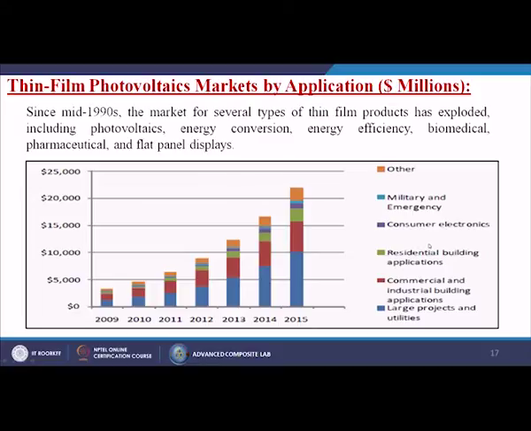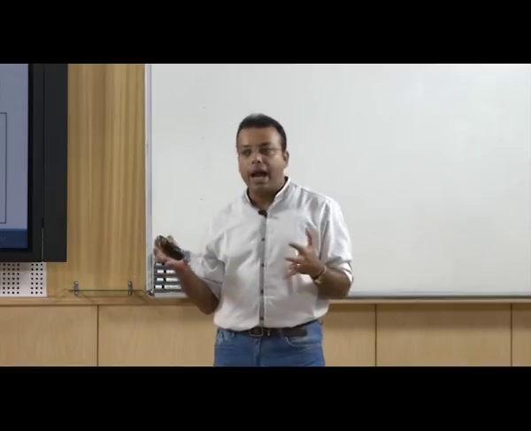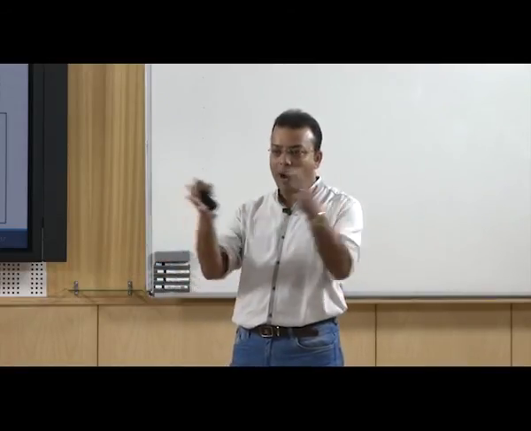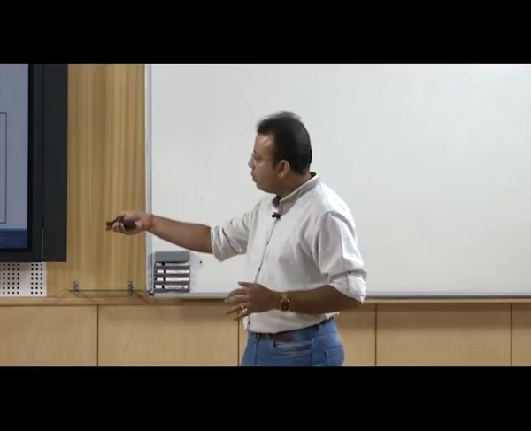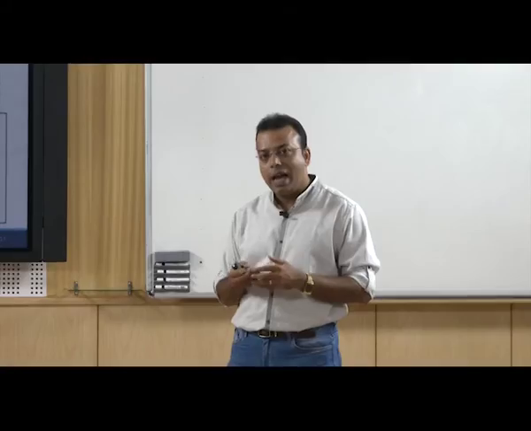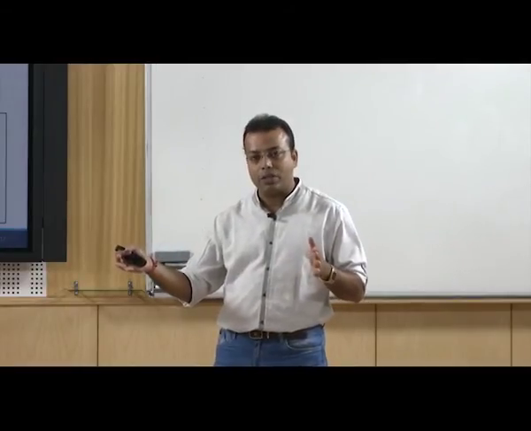So, these are all combinations of different types of applications, and if we look at the wide spectrum, in 2009 it was around 4,000, and in 2015 it reached about 20,000. So, a 5 times multiplication has occurred within these 6 or 7 years.